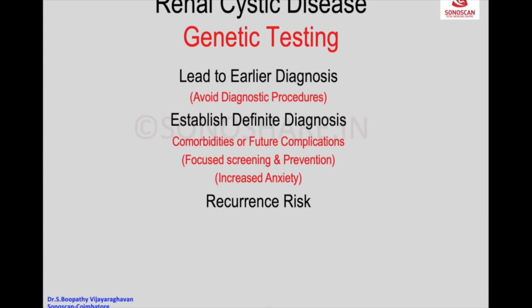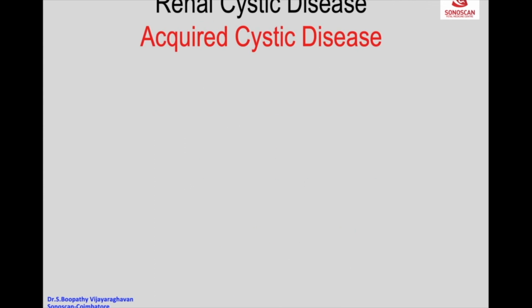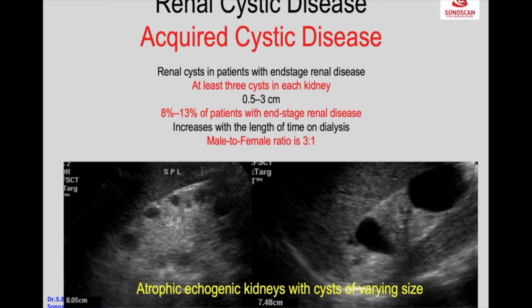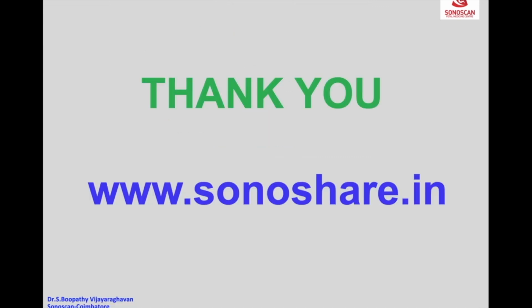With a genetic diagnosis, recurrence risk can be counseled. So lastly, acquired cystic disease, and the male to female ratio is 3:1, more common in males.